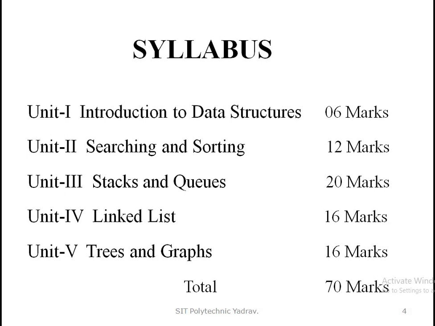Using C language, your data is stored in memory, but it is stored in the form of a structure, that is the data structure. So that is why the subject is named Data Structure using C. I hope you understand what I am telling you: your subject name is Data Structure using C.